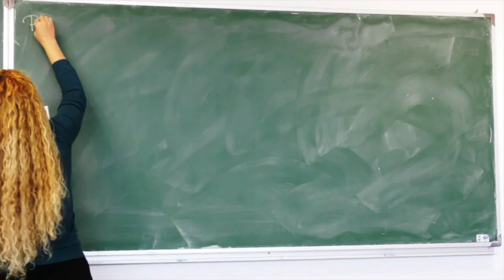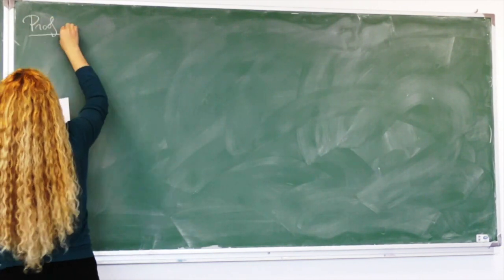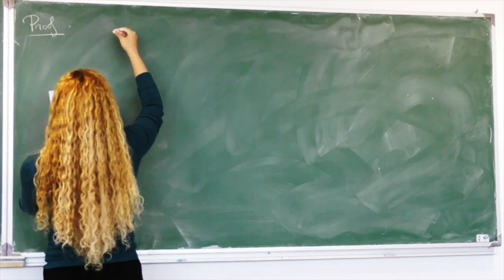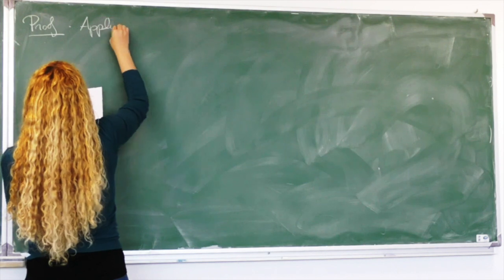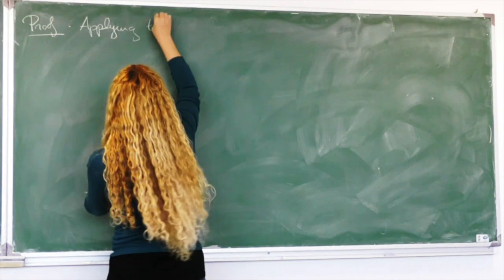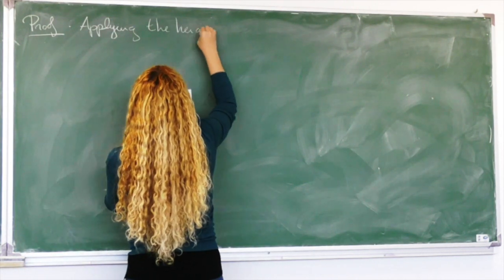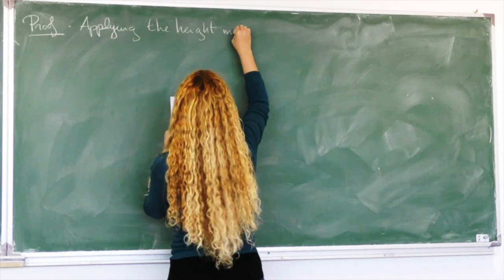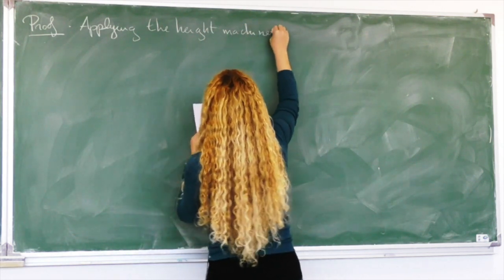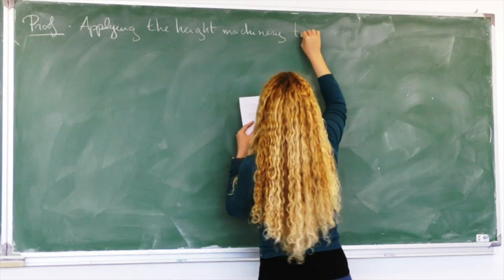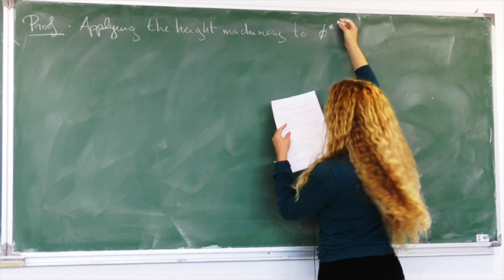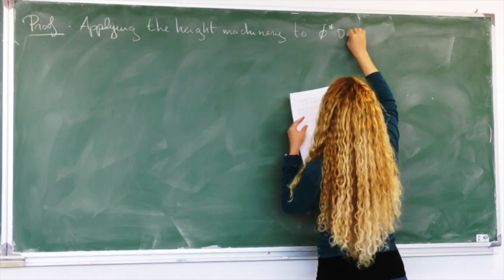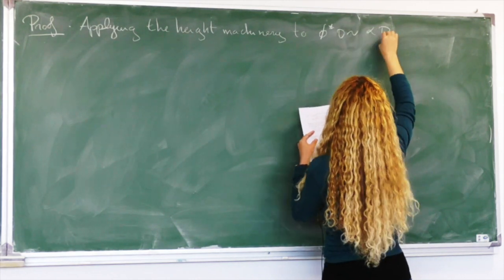Proof. Again, we apply the height machinery, the part about the linear equivalence, and here we have two divisors that are linearly equivalent.